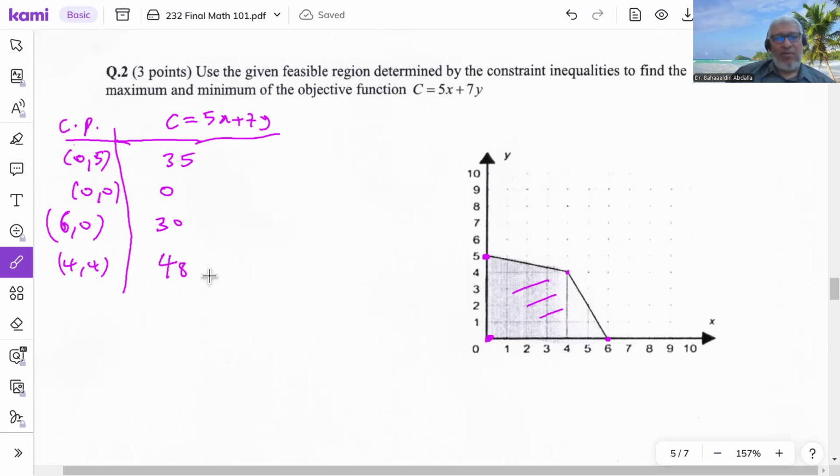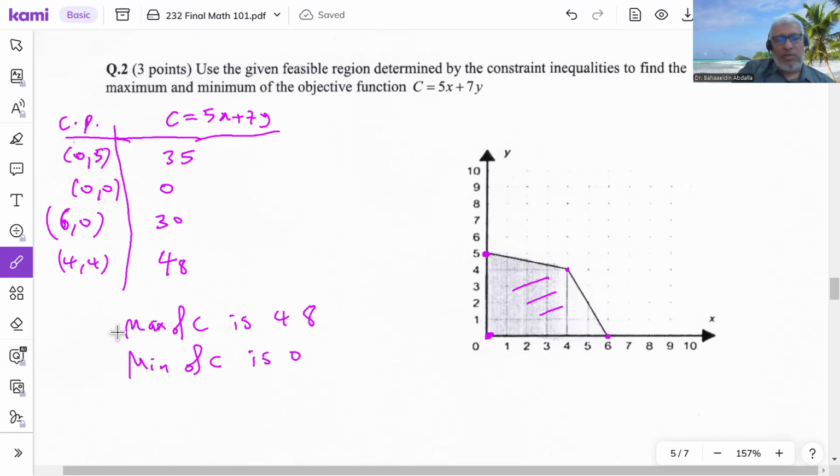So the maximum value of C is 48, and minimum of C is 0. So this would be the answer.